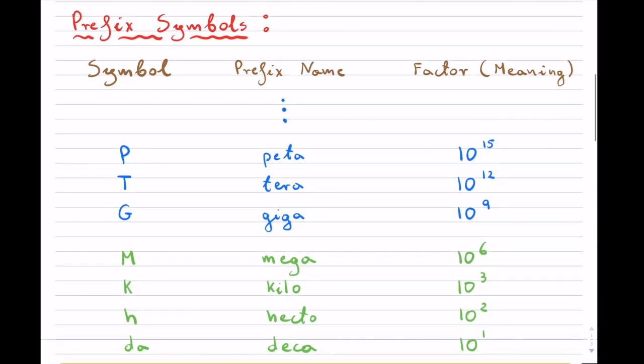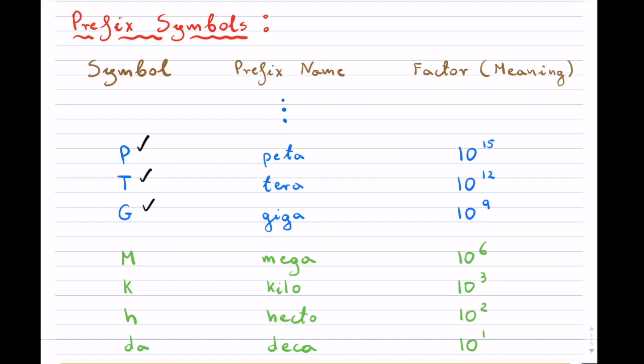So I have pre-done this chart of various symbols of prefixes. Now, the symbol which you see here on the left-hand side, so these ones, and as they continue on downwards, the name of them, so as you can see, for example, capital G stands for giga, let's say H stands for hecto, and then on the right-hand side, you have the multiplication factor, so kind of the meaning of what it means.